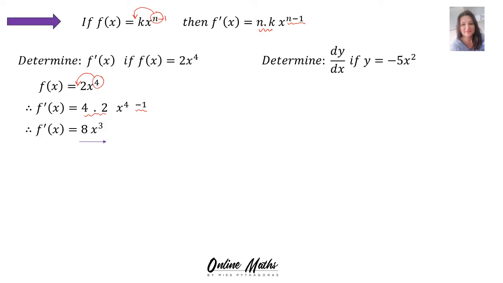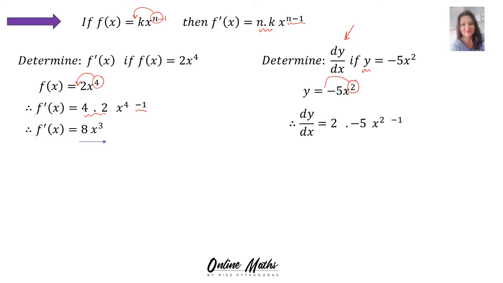Another example, determine dy over dx if y is equal to minus 5x squared. So now, can you see it's given your equation as y is equal to. So therefore, the correct notation to use is dy over dx. Again, let's do it. We will take the exponent.